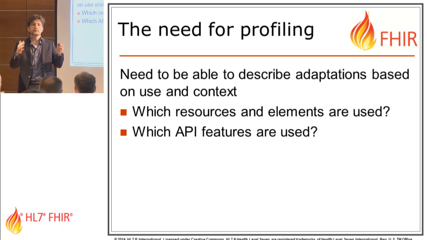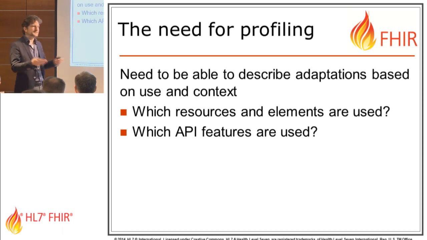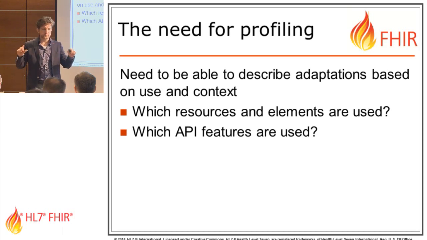So if you write an implementation guide as a standards development organization, or you write an implementation guide as a vendor to say this is how we implement FHIR, you should be able to say, I didn't implement all those search operations on patient, I implemented this one, and this one. So profiling also tells us of all those features in the FHIR specification, which ones are of use in our use case.